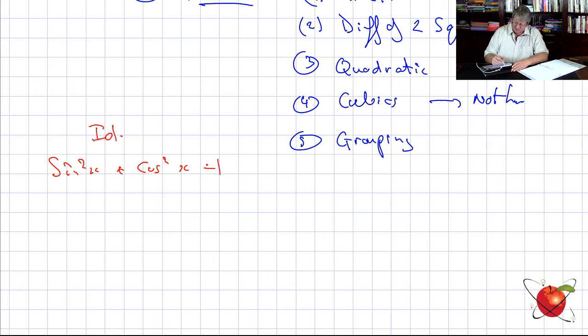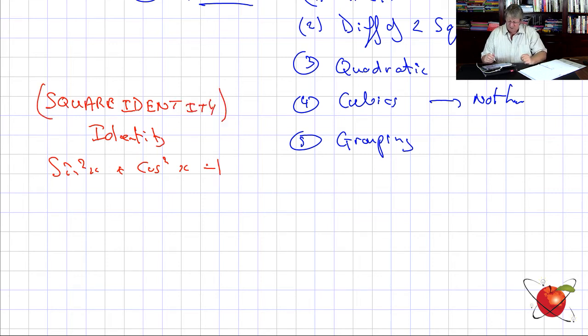This is an identity, often referred to as the square identity. Now please remember, I can change this to sine squared x is equal to 1 minus cos squared x.